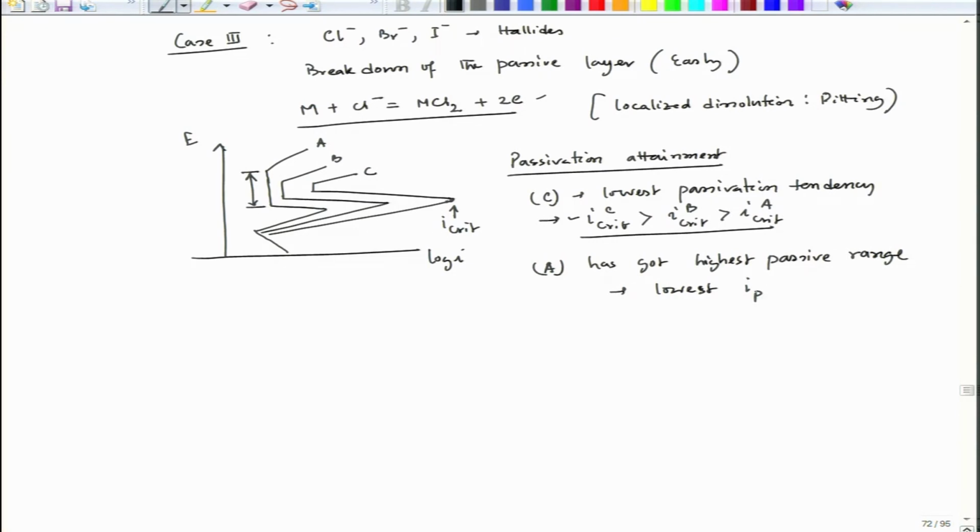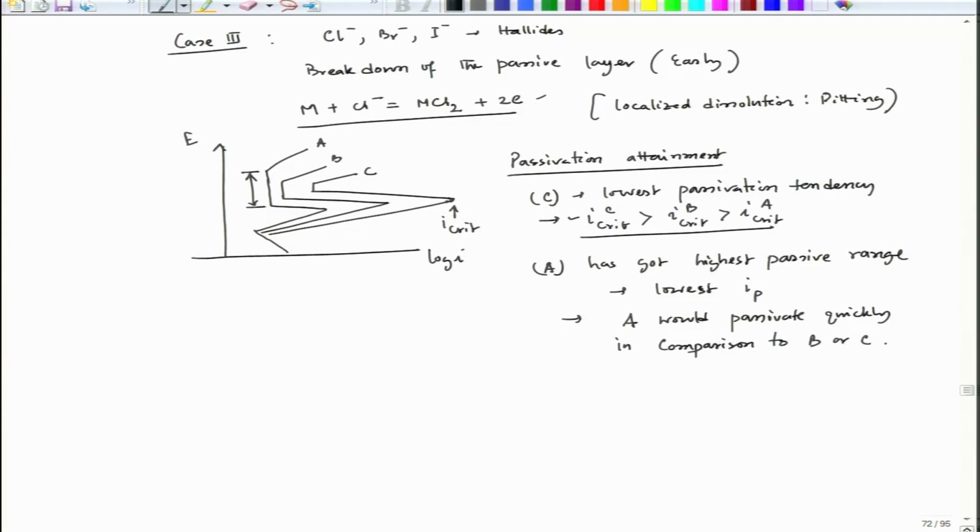So, it also indicates that A would passivate quickly in comparison to B or C, and of course, B is a little better than C.